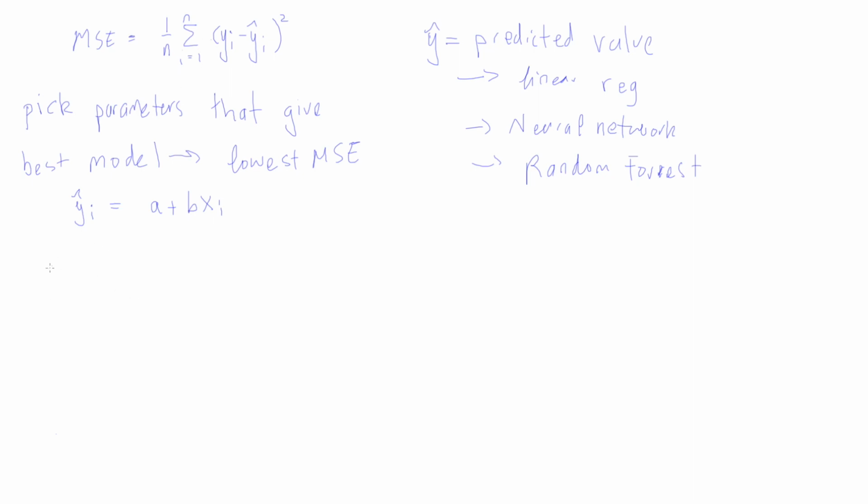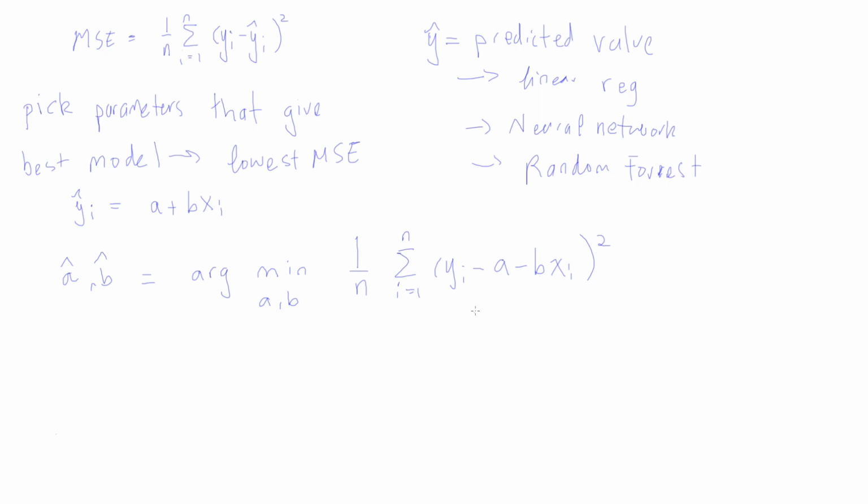So how do I write this? I want the a hat, b hat, which are equal to the arg min of 1 over n, sum from i equals 1 to n, of yi minus a minus b xi squared.